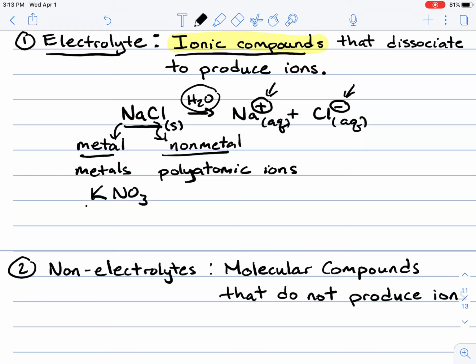Potassium, if you look in the periodic table, is a metal, and NO3, from what I asked you to memorize earlier this semester, falls under the category of a polyatomic ion. If you place potassium nitrate in water, you get potassium ion with a positive charge and nitrate ion with a negative charge.